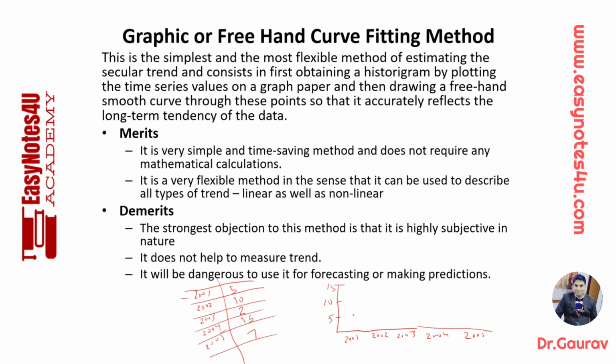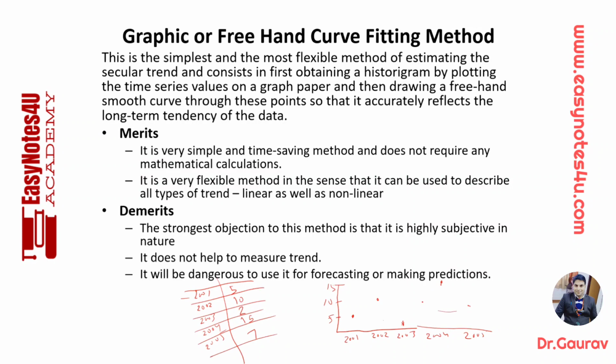In 2001 there is a 5, then in 2002 the value is 10, then in 2003 it is 2, in 2004 it is 15, and in 2005 it is 7.